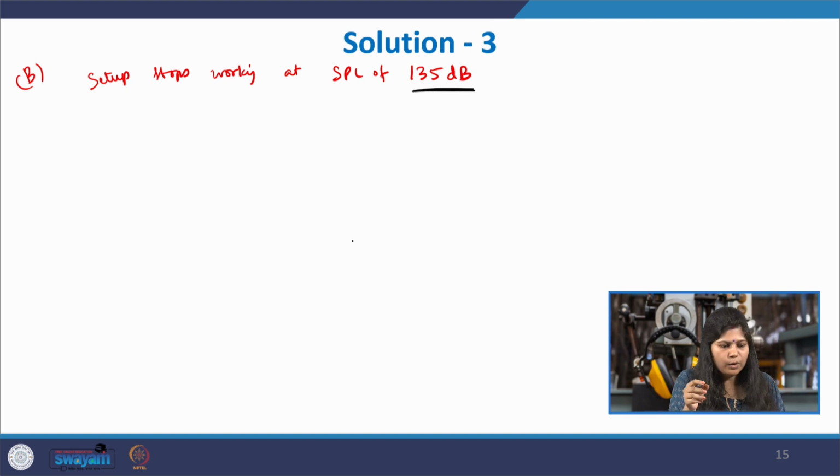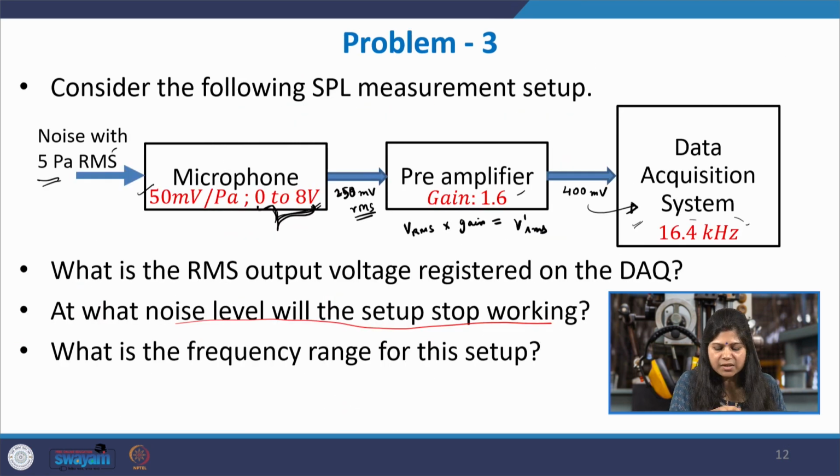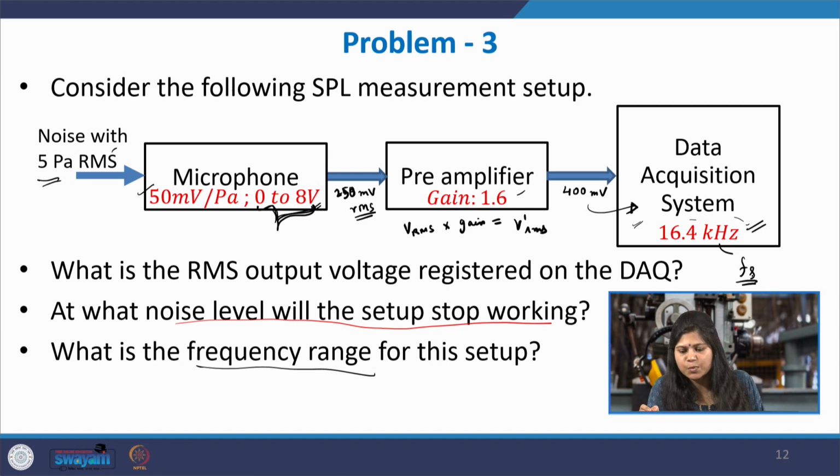Okay. Now, let us see the last part of this particular question. What is the frequency range for this setup? Again, you can use the Nyquist theorem, or the sampling theorem, here. Fs is the sampling rate given for the data acquisition system, which is 16.4 kilohertz.